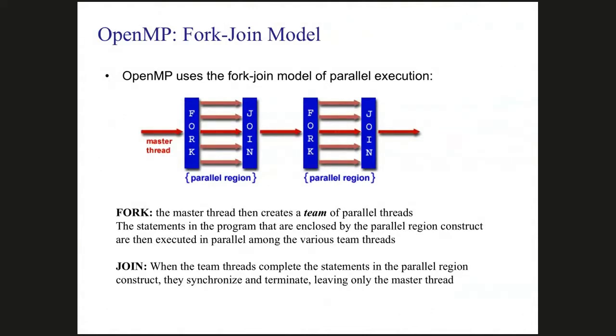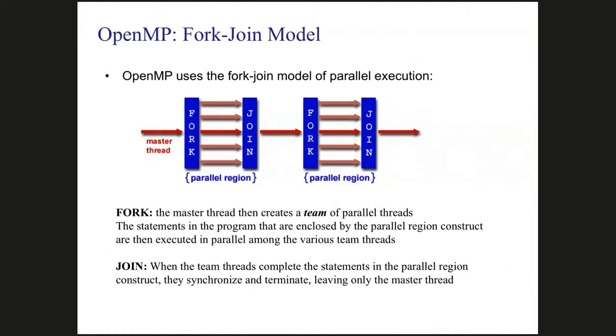OpenMP is implemented on top of serial code. The backbone of the programming model is the fork-join model. Programs execute in serial mode until they encounter a parallel directive, and the code will run in a serial-parallel fashion until the end of the code. The fork is where the master thread creates a team of parallel threads.